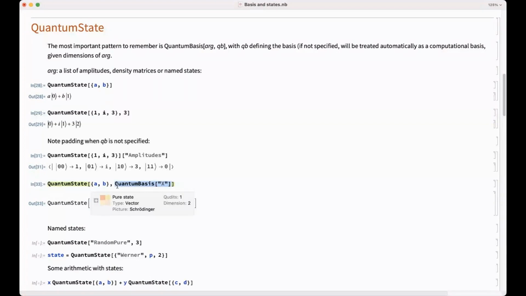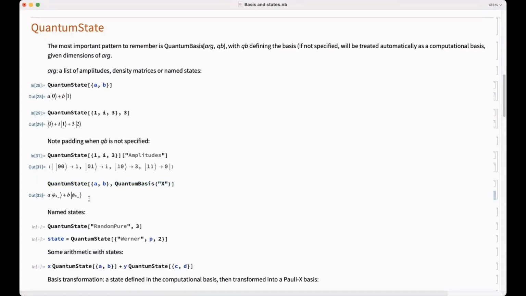That should work for the second argument of your quantum state, specifying what basis you want your quantum state to be in. Now the traditional form has new names that correspond to a new basis, which in this case is the Pauli X basis.